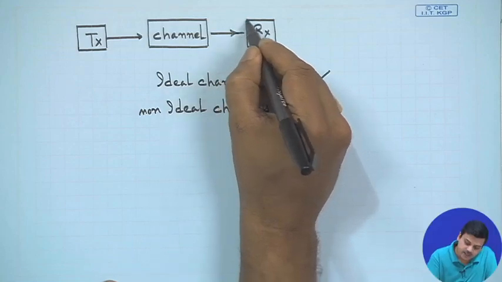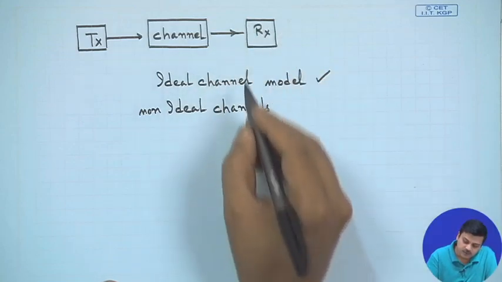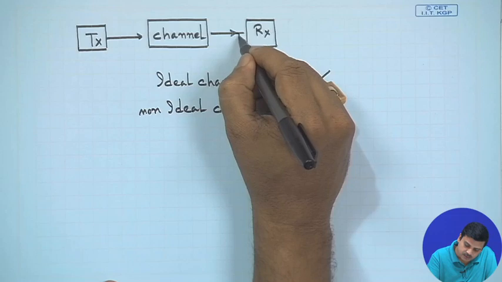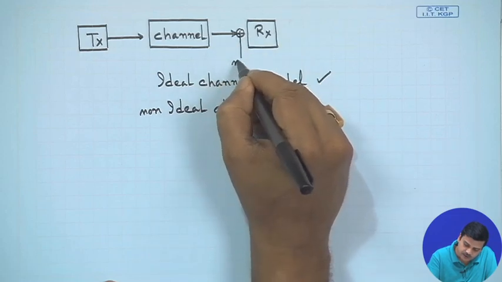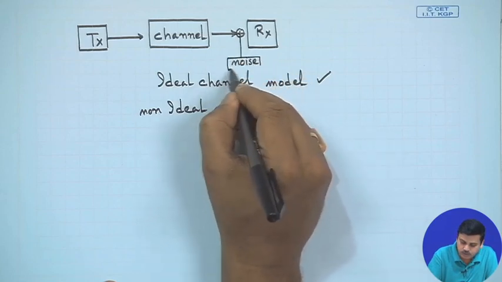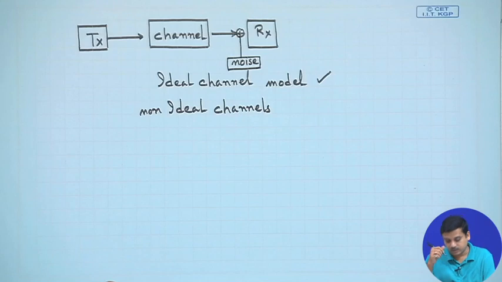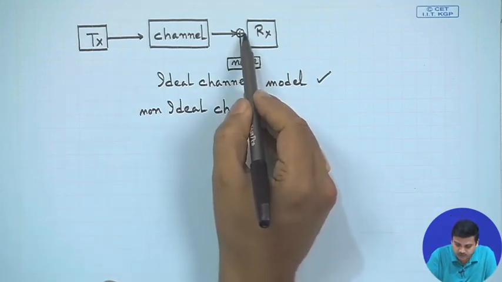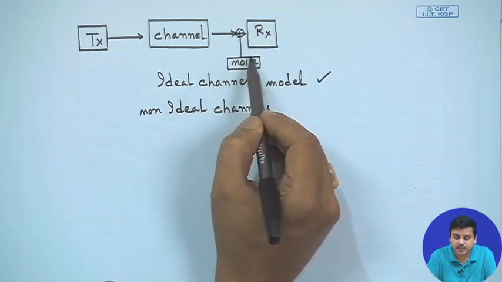However, typically what we say is at the receiver we generally model something like addition of noise, which is due to all components at the receiver. So, generally we say noise addition happens at the receiver.